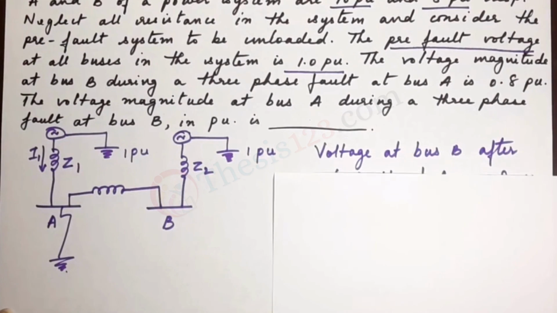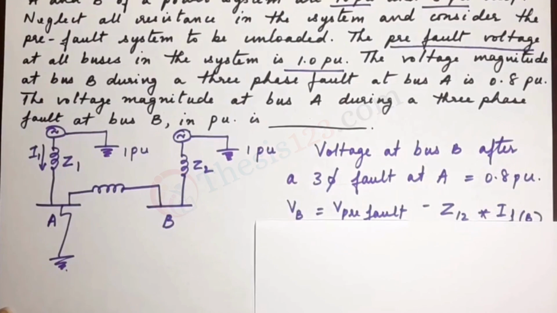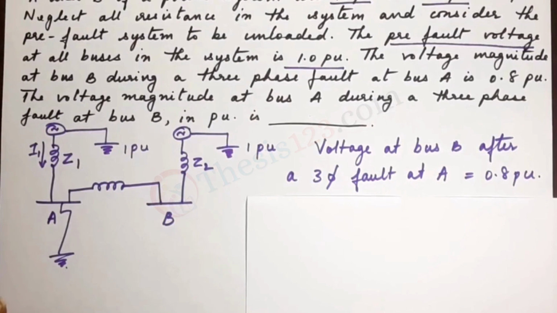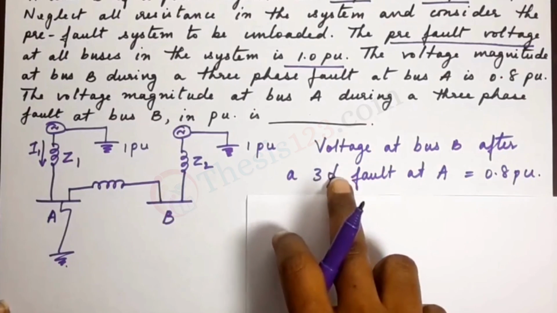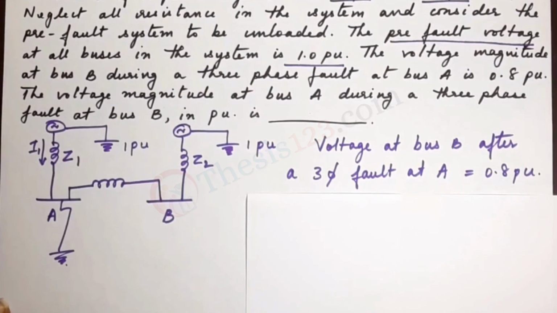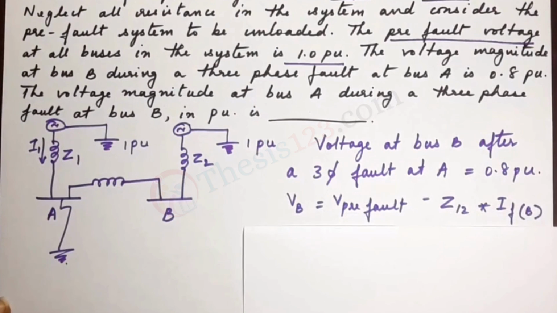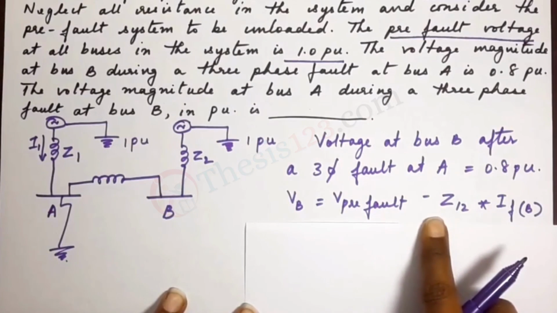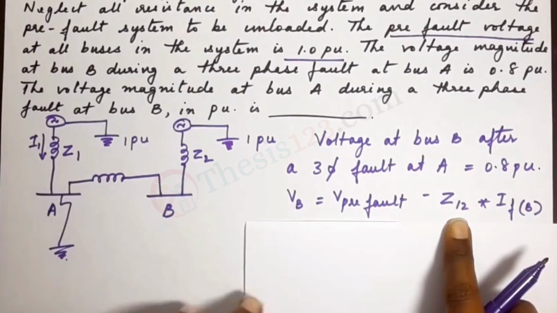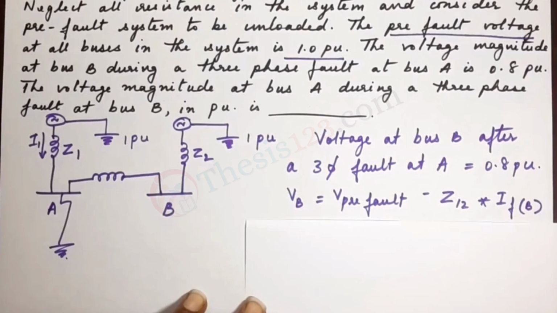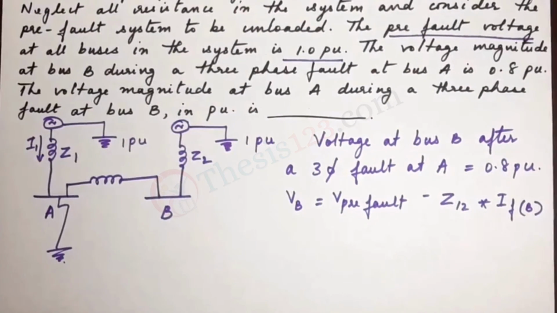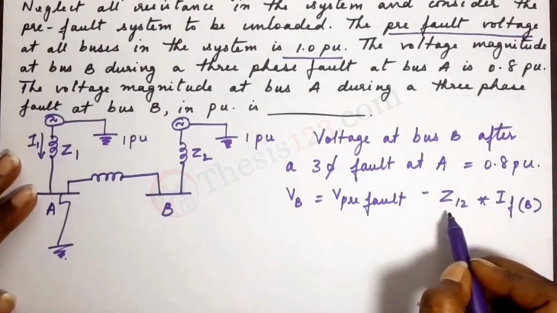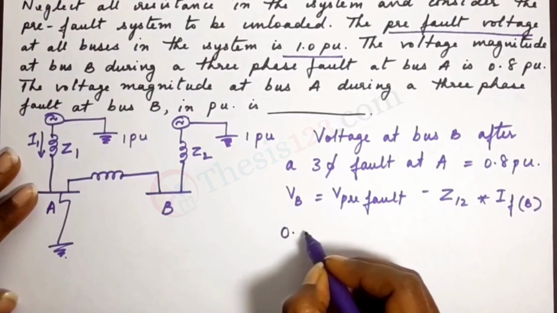And next we have the voltage at bus B after a three-phase fault at A is 0.8, given to us. So now let us find out what is the voltage at bus B. Let's call that VB. Now the general formula is this: VB equals the pre-fault voltage minus Z12 times the fault current at B. Now we need to find out the value of this mutual impedance, Z12. So we plug the values in.